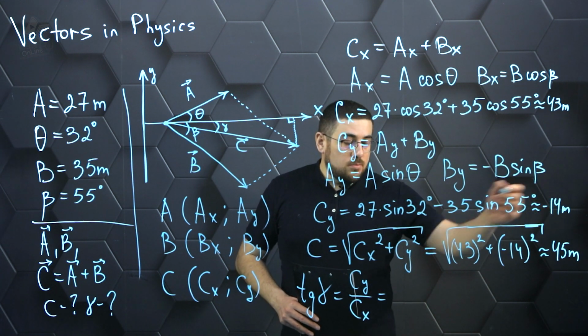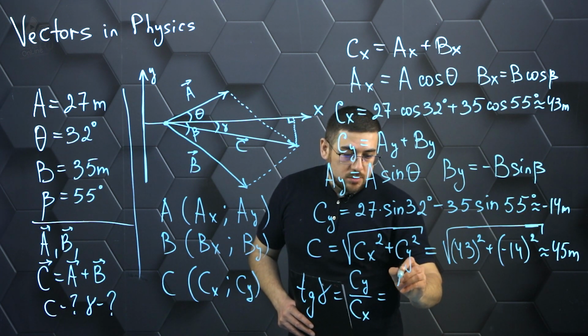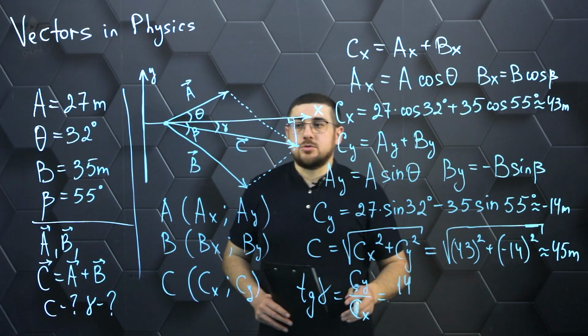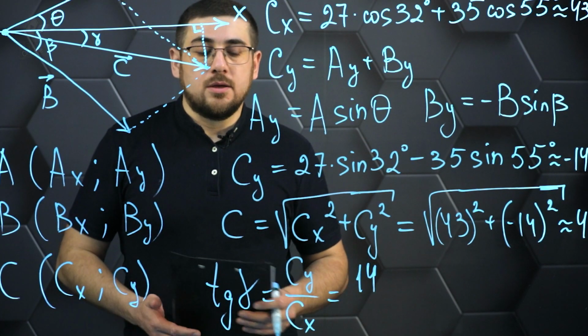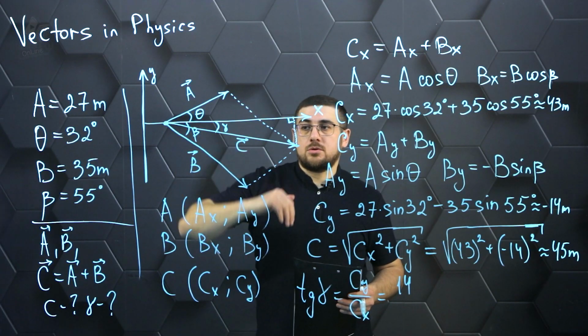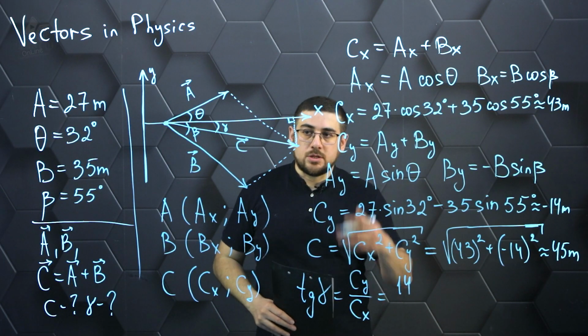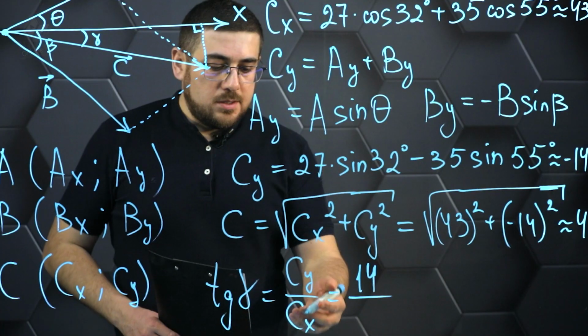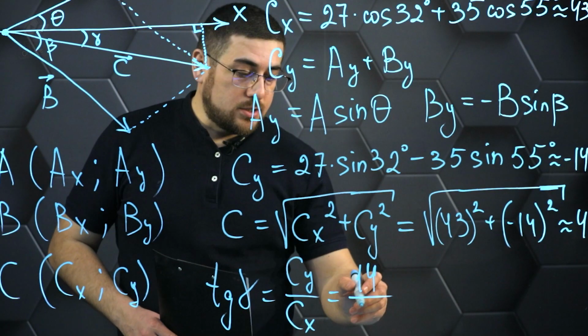Component on the y-axis we take as 14 with a plus sign, because we care about the modulus of this angle. If you put here a minus sign, the angle will just be negative and it will show that the vector lies below the x-axis. But this we have already determined. And the value of the x-axis component is 43 meters.